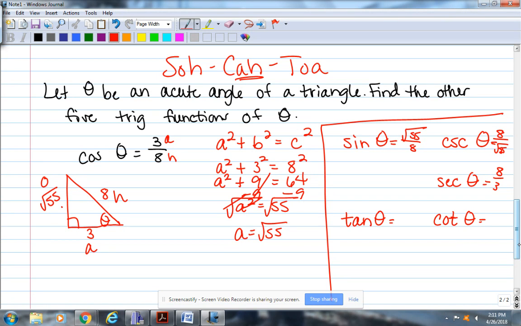Y'all good with that? We already found secant. Tangent is opposite over adjacent. So which one's opposite from theta? Radical 55 over which one's adjacent? 3. And so cotangent is 3 over radical 55. That's how you do that.